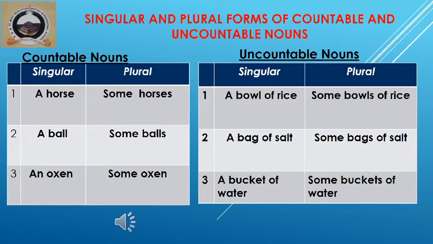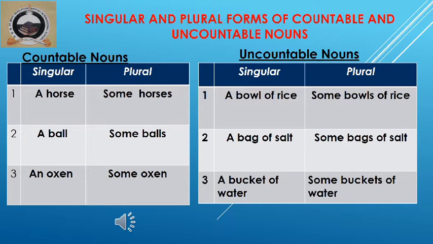Number 1, we have a horse. In plural form, some horses. Number 2, a ball. Plural, some balls. Number 3, an oxen. Plural, some oxen.